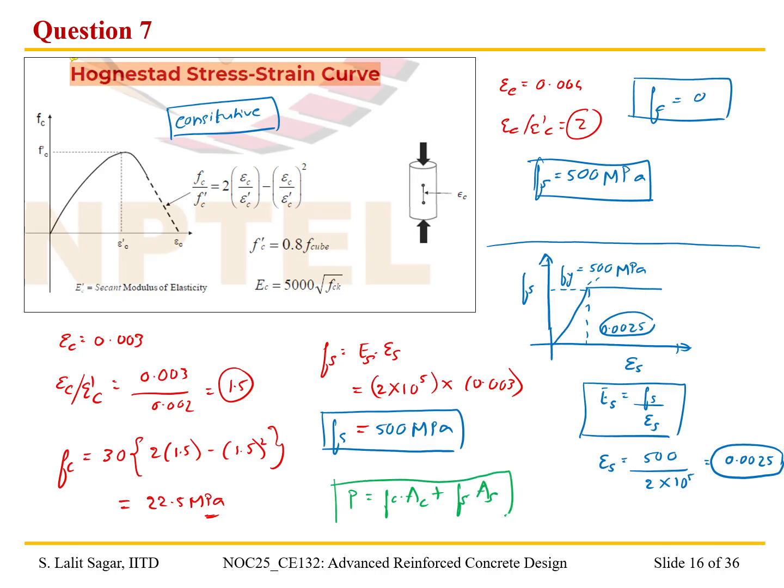In order to get the answer, corresponding to a strain in concrete of 0.003, substitute the values of Fc and Fs, that is 22.5 MPa and 500 MPa, and obtain the value of P. The value of P that I'm getting is 2962.6 kilonewton.